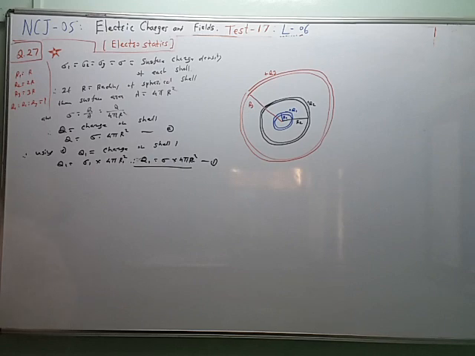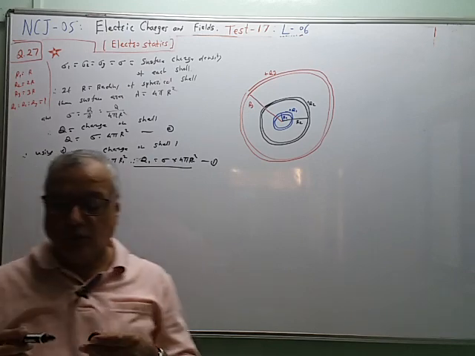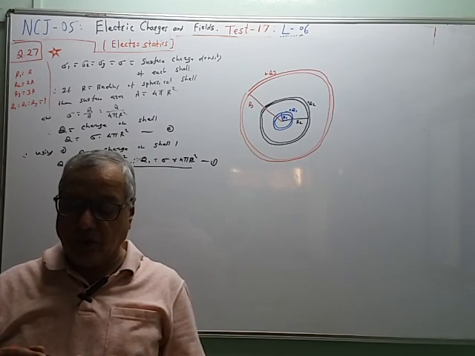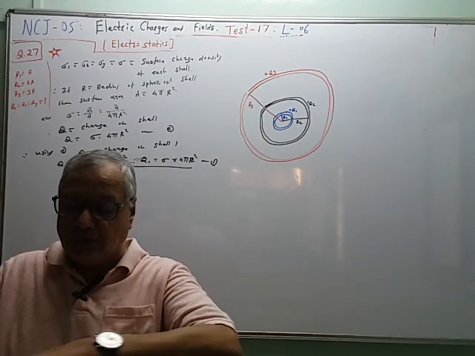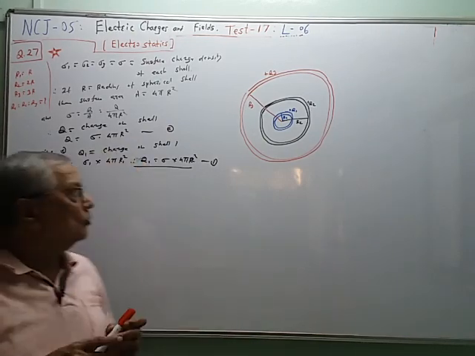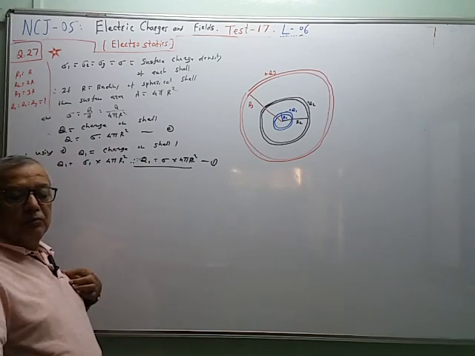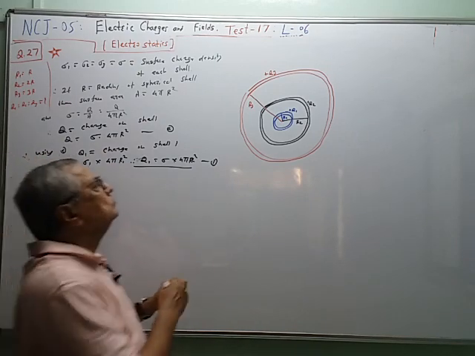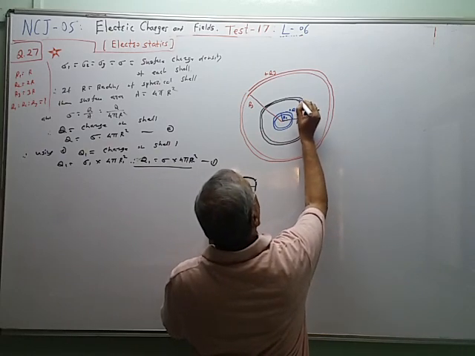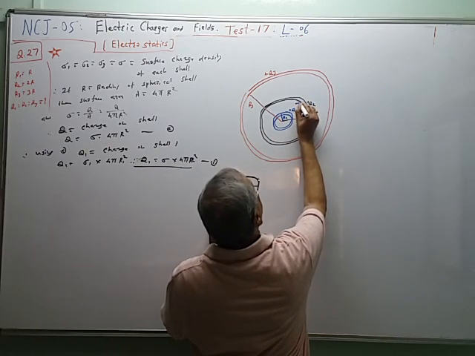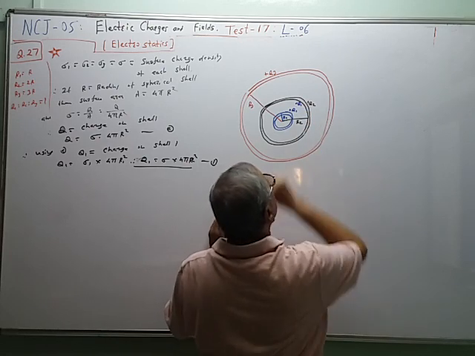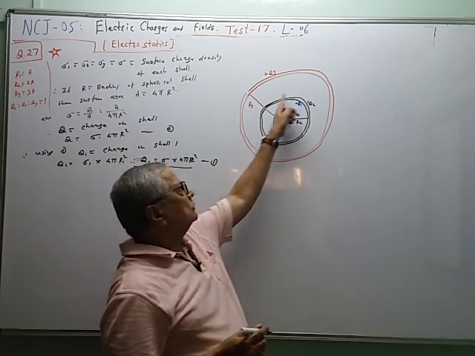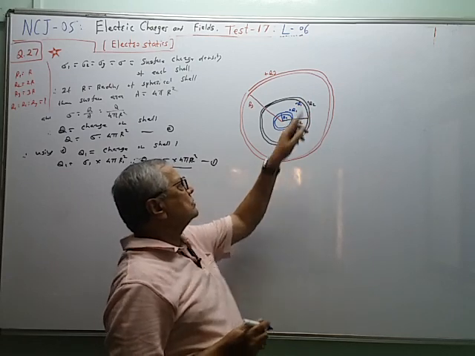That is the value of Q1. Now where to find Q2, the charge given to the sphere? One more point is important here. If this is the charge Q1, by induction minus Q1 charge is present here. So the total charge given to the sphere is the charge present minus this.